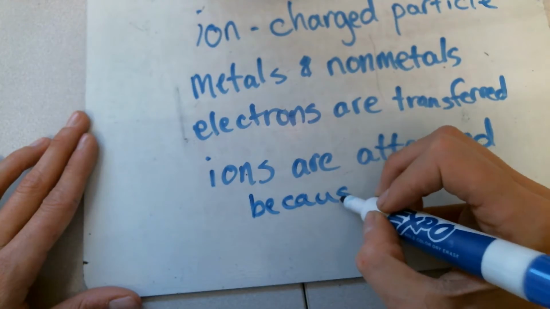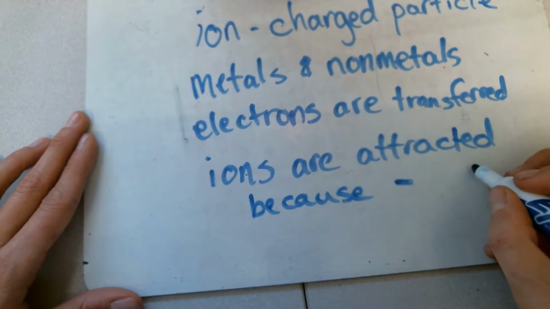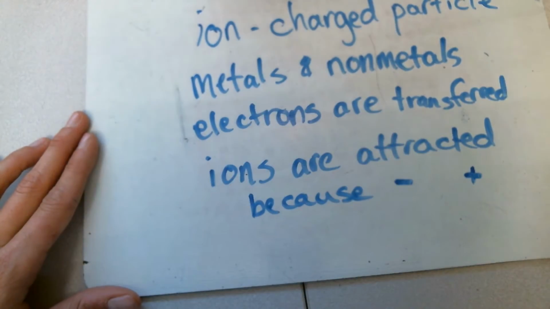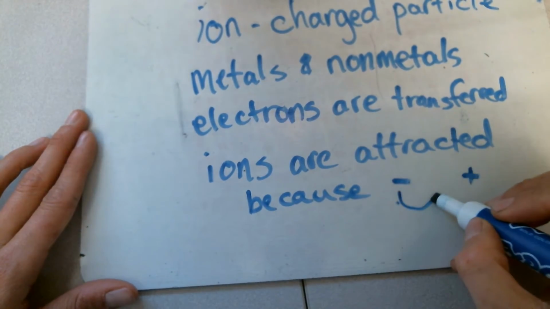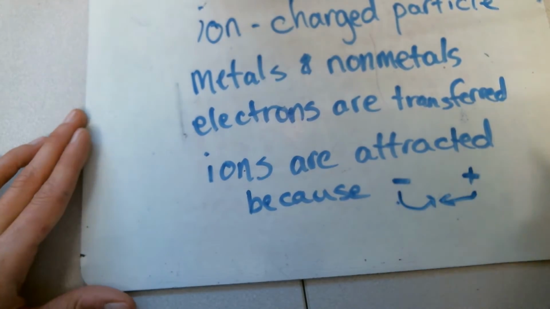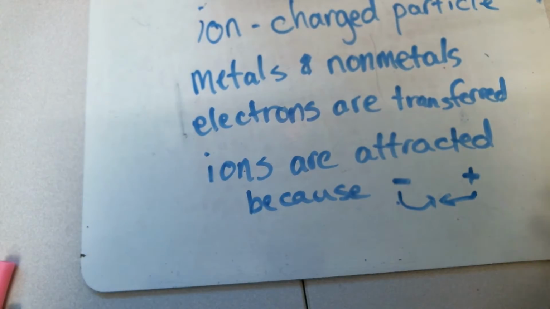So one ion will be negative and another will be positive. And if you remember talking about negatives and positives, they like to come together, right? So that's what's going to hold our ionic compounds together.